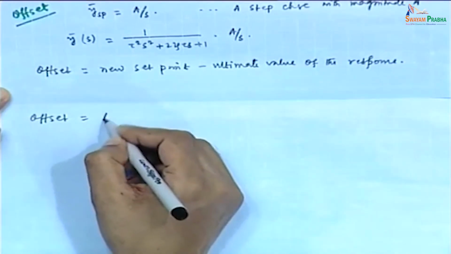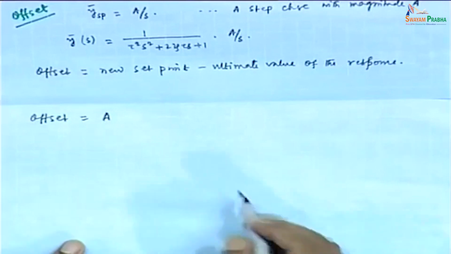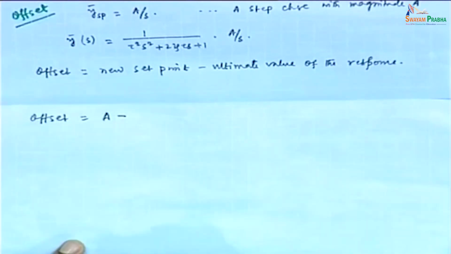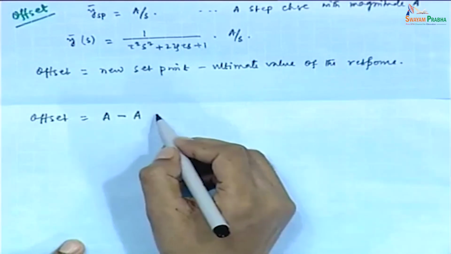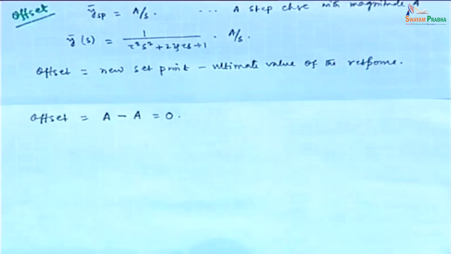So, new set point is A and ultimate value of the response is how much? A. So, offset becomes 0. Fine. So, we can say that the integral control action can eliminate the offset. It is very obvious from this.